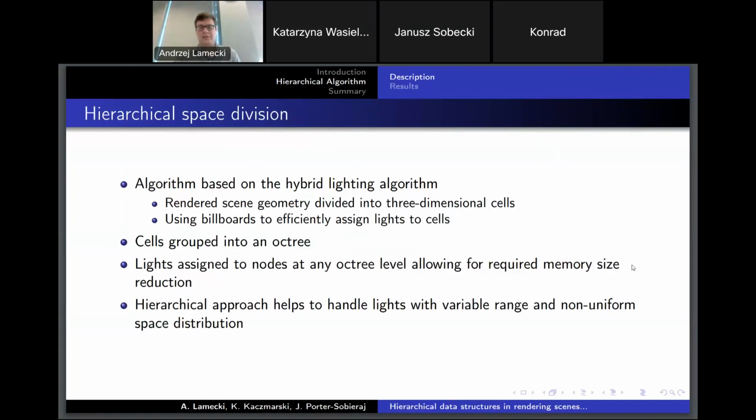The cells, however, are grouped into an octree, and we allow to assign lights not only to leaves of the octree, which represent singular cells, but also to internal nodes of the octree, which represent group of cells. This hierarchical approach helps us to handle lights with variable range and non-uniform space distribution.